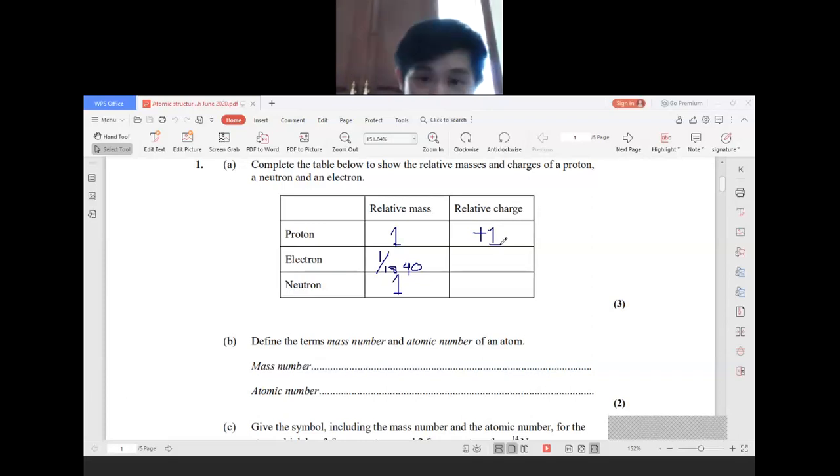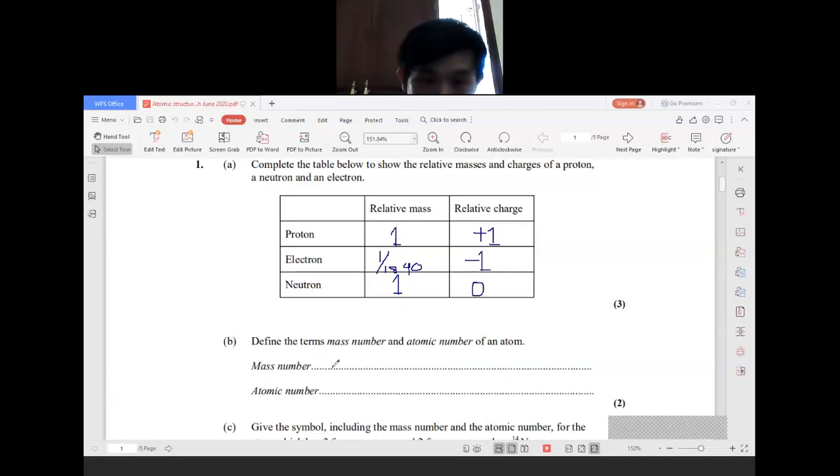And then the relative charge of electron is negative 1. And then the neutron, the charge is 0. It doesn't carry any charges.